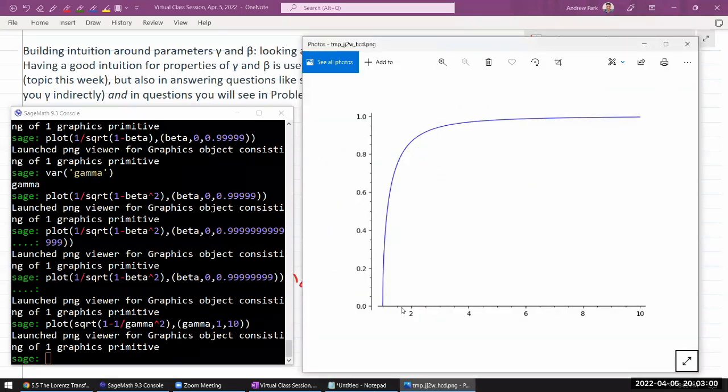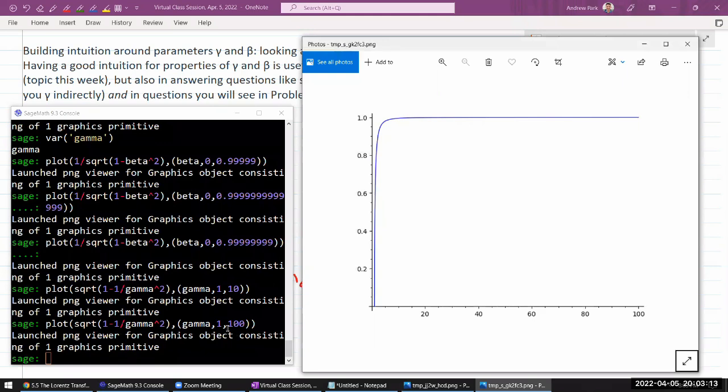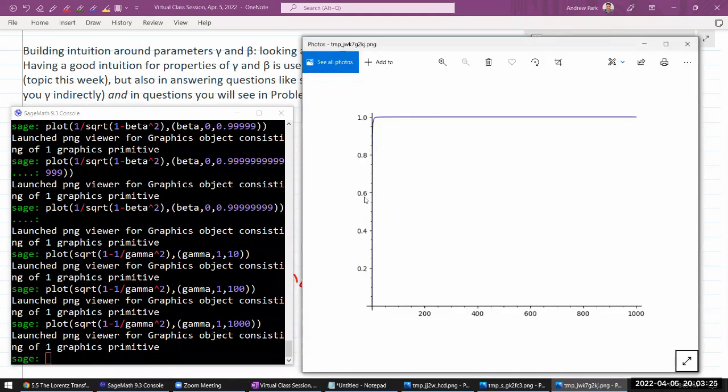In some sense, this might not look all that well behaved because as you plot bigger and bigger gamma, in comparison to that scale, this looks like a very sharp corner approaching a horizontal asymptote.